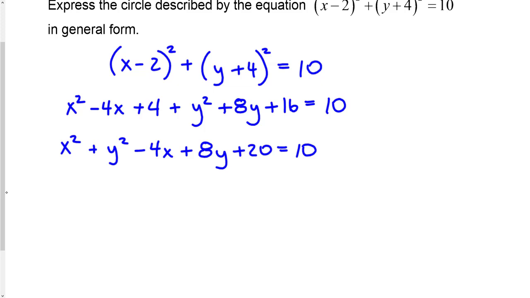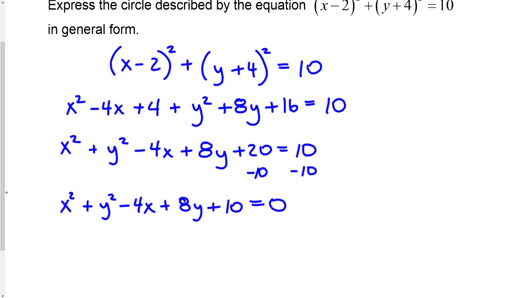And I'm going to bring my 10 over. So I'm going to subtract 10 from both sides, which is going to give me x squared plus y squared minus 4x plus 8y plus 10 equals 0. That's the general form of this equation.